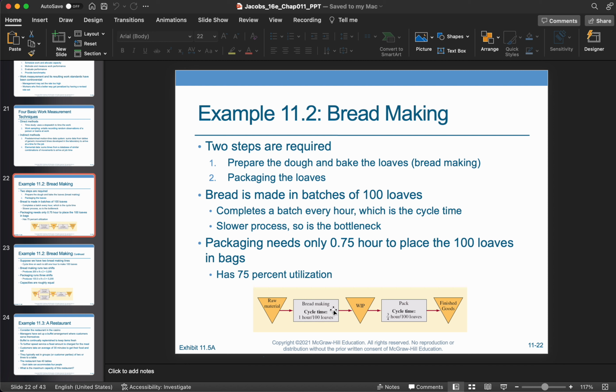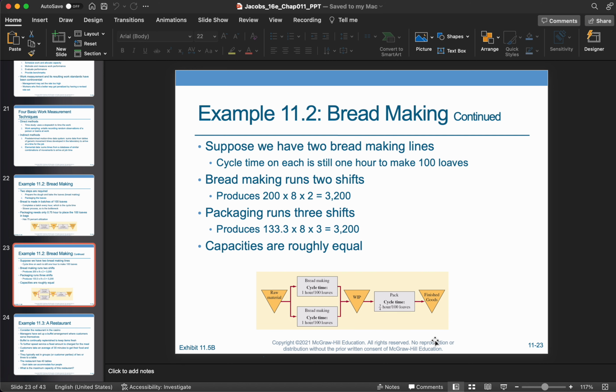But instead, if I double my bread making, so instead of having a single machine doing bread making and single machine doing packaging, what if I double my bread making? That is, I have two parallel bread making machines in which I can make bread, and I also run this shift 3 times.